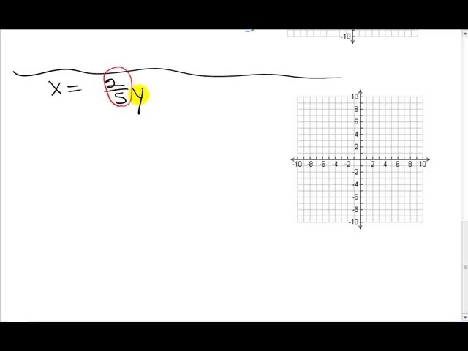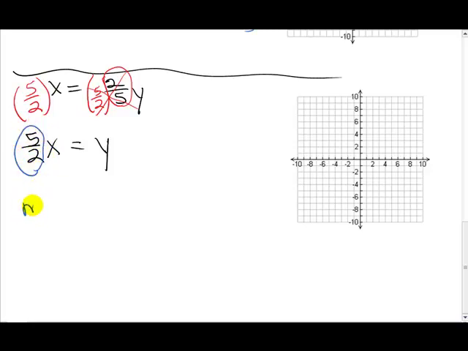What matters is that it's alone. So we're going to multiply by the reciprocal so that this will cancel. And we'll do the same thing over here. And so now the number in front of my x is my slope. And so we're talking 5/2 up and to the right. And my b, well, there's not a constant number, so my b is 0.